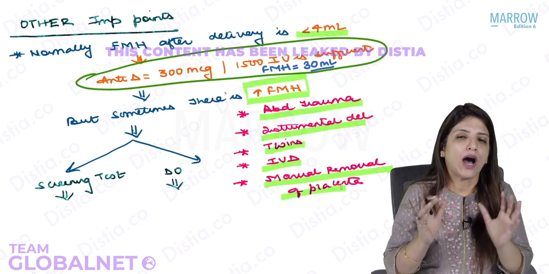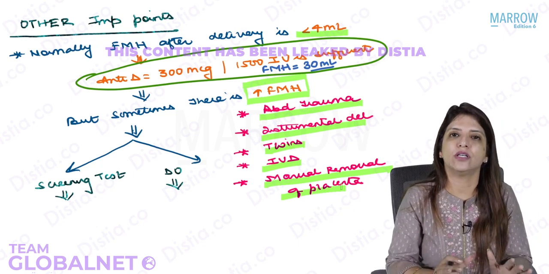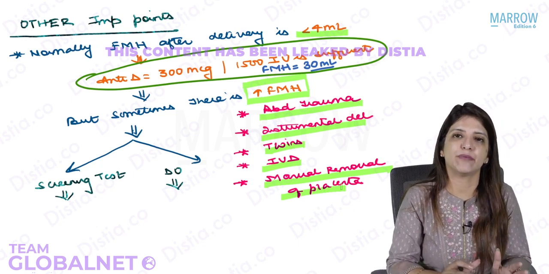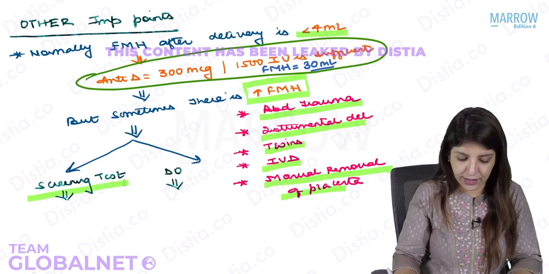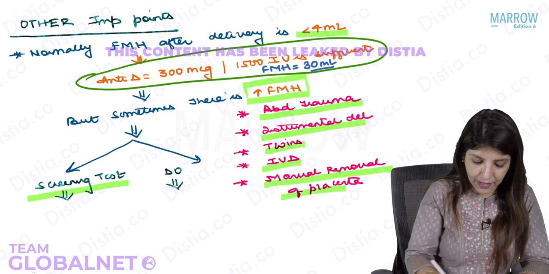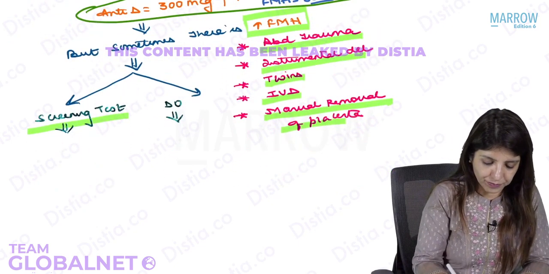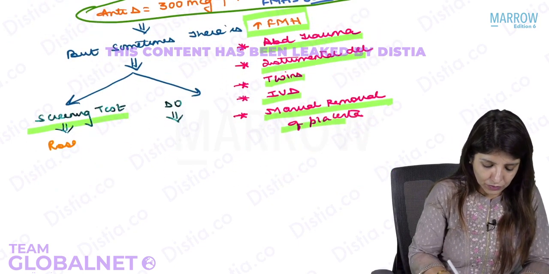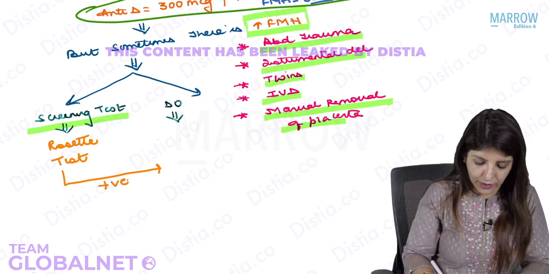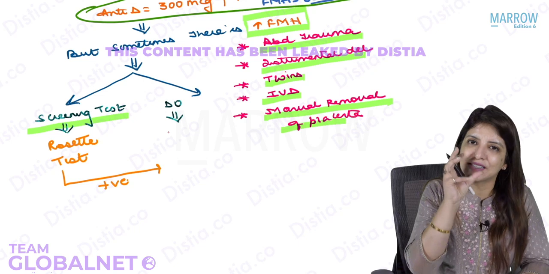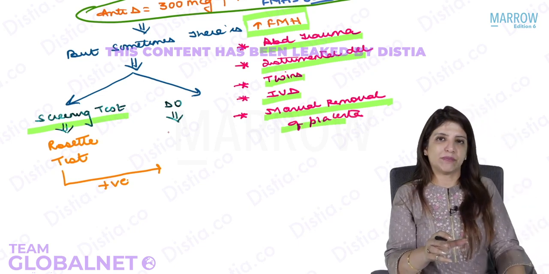Or is it less than 15 ml? Right? So how can I know whether the feto-maternal hemorrhage which has happened is more or less? For this, we have a screening test, and the screening test is called the Rosette test. If Rosette test comes out to be positive, then you go for the test which tells you exactly how much is the feto-maternal hemorrhage.